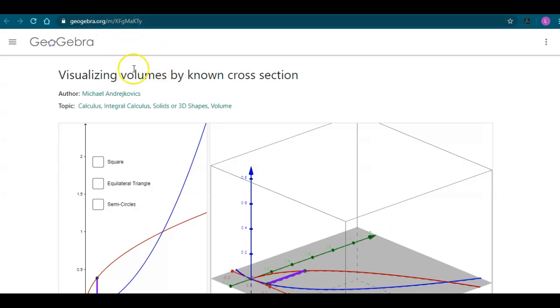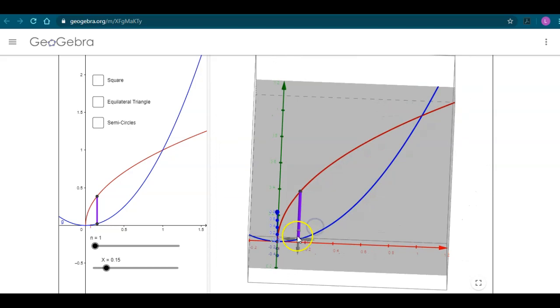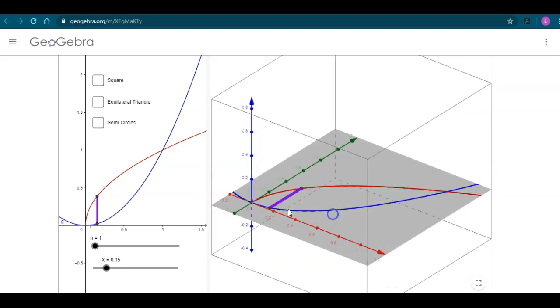So this is the first one, and the idea is, I have two curves here with our typical rectangle just going between those two curves. In this case, we would think of that as a vertical line. And what I want to do is, up from that XY plane, I want to make, say, a square.